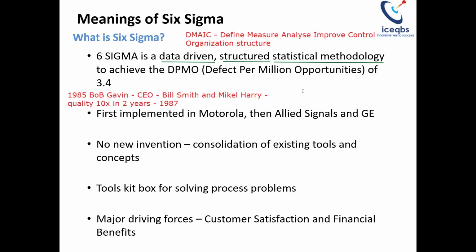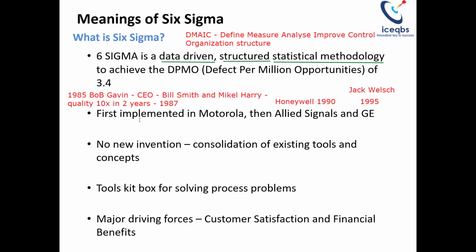Then, seeing the success of this methodology in Motorola, Allied Signal, currently called Honeywell, implemented it in 1990, and it was implemented in GE, General Electric, in 1995 under the able guidance of Jack Welch. He was the CEO of General Electric during that time, and he was responsible for implementing Six Sigma there.